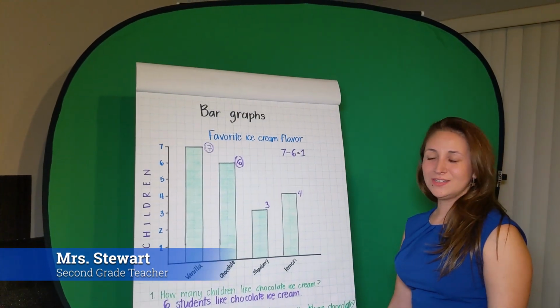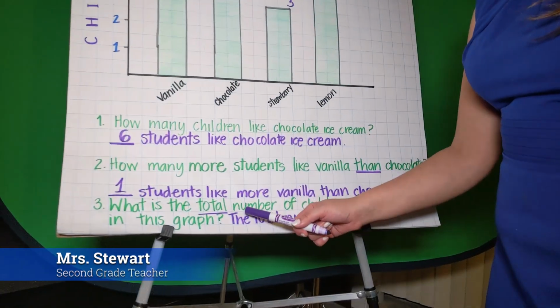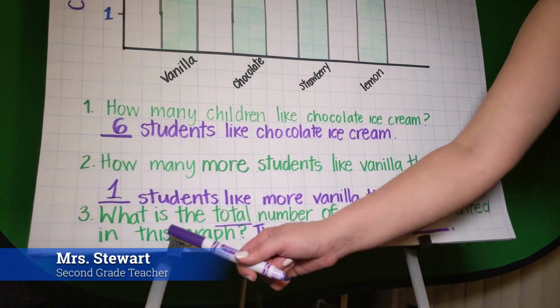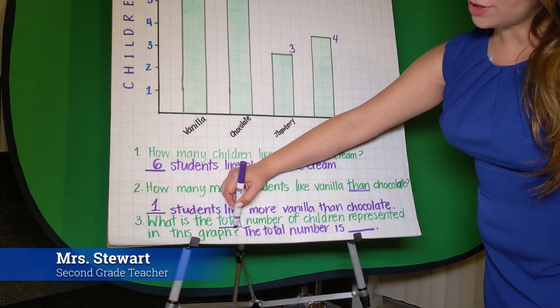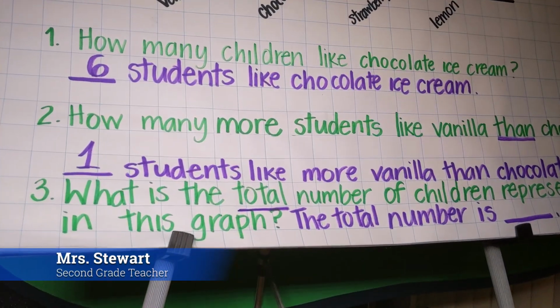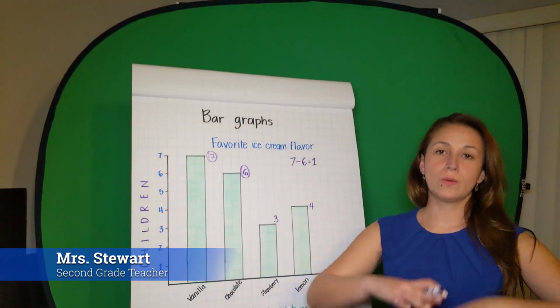Now we're going to take a look at the third question. What is the total number of children represented in this graph? If you see right here, there's the word total. Remember that when we say total, we need to know everything.